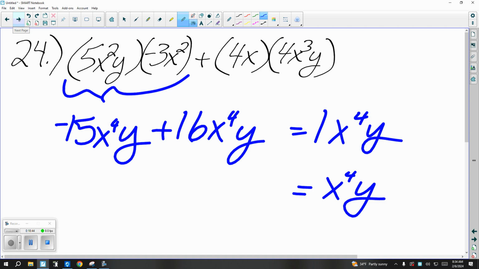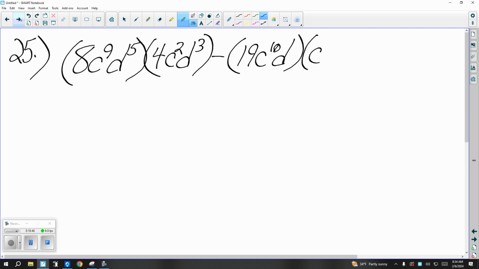Number 25, last one. We are almost there. Okay. Uh-oh. I didn't finish this whole problem. What is that? 19C, 10D, and then CD to the 7. Oh, I even used different ink there. Okay, big one. So I'm going to multiply these. How much time do I have left?